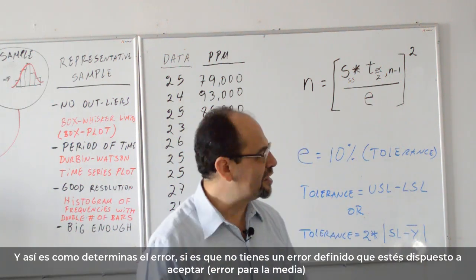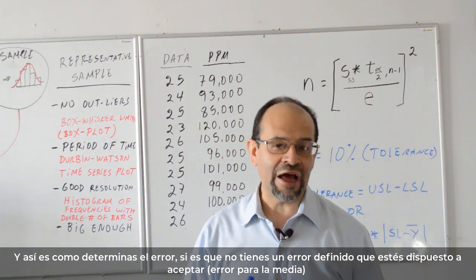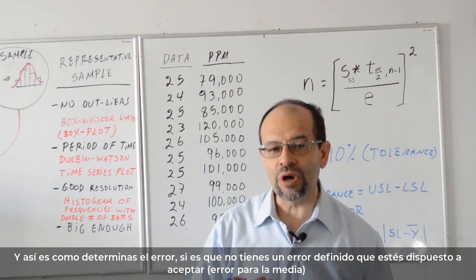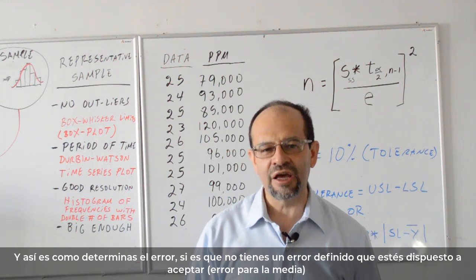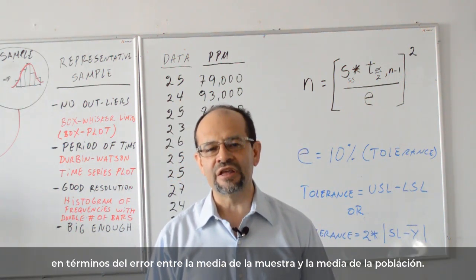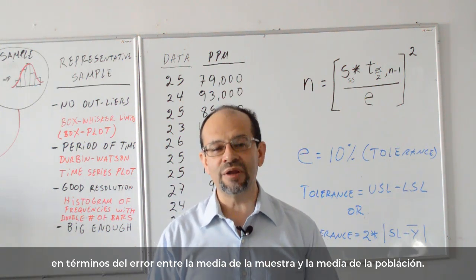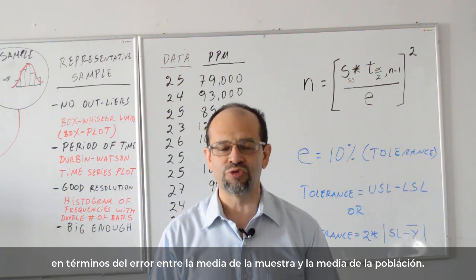And that's how you determine the error if you don't have an error in your mind that you can accept or are willing to take, the error between the mean of the sample and the actual mean of the population, for instance.